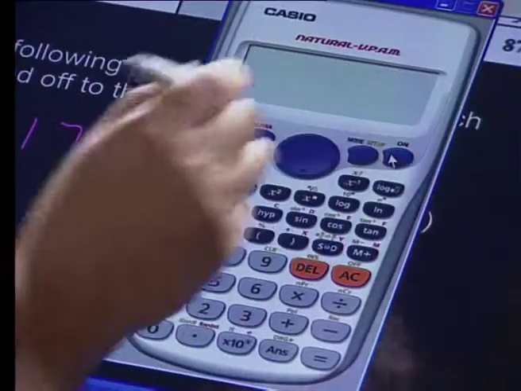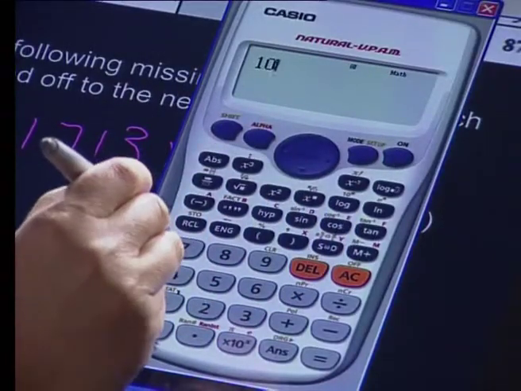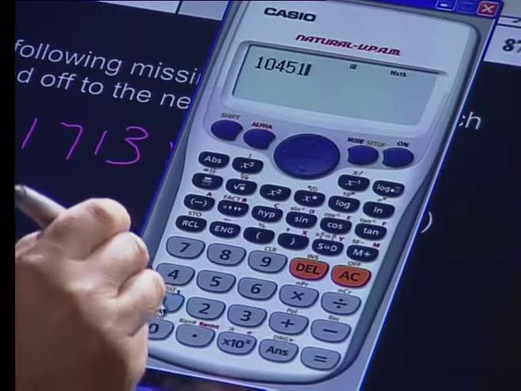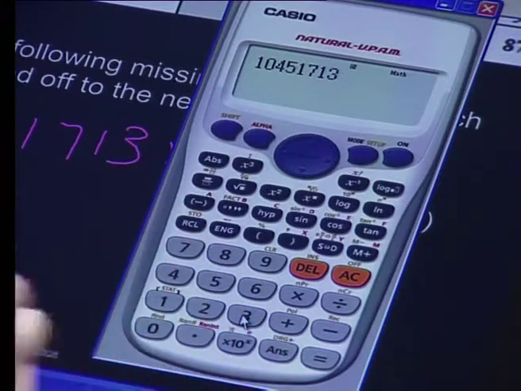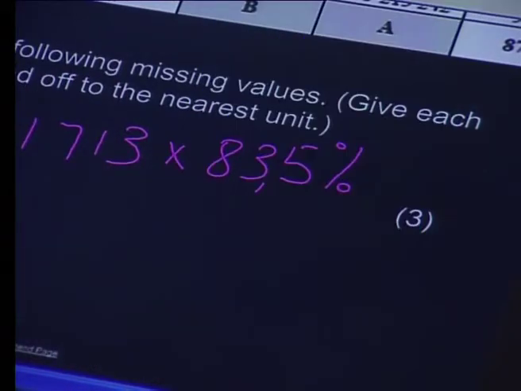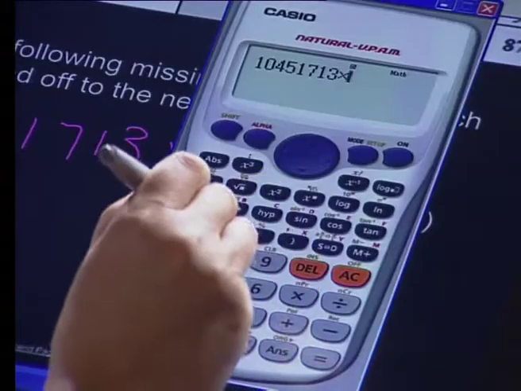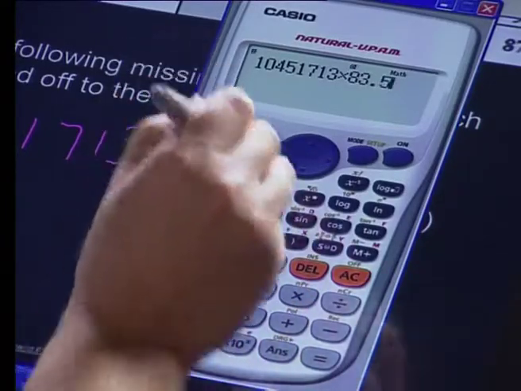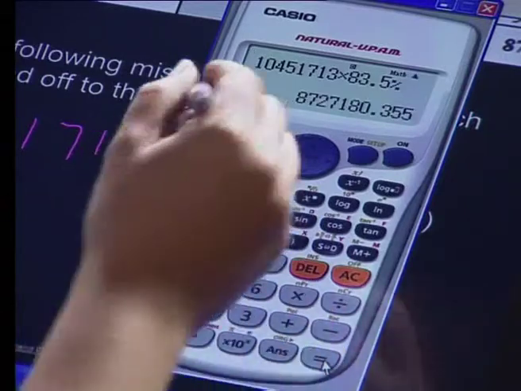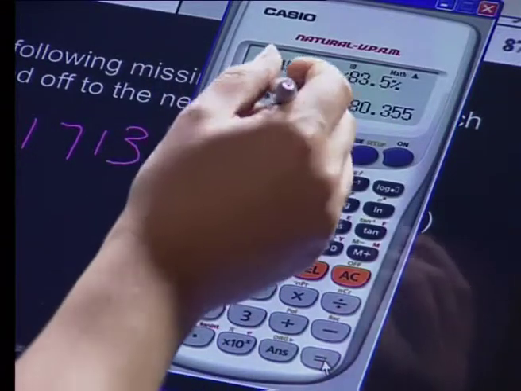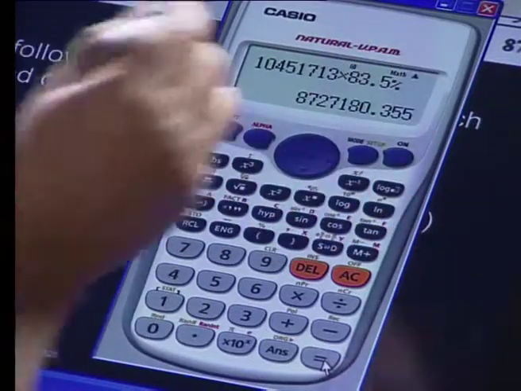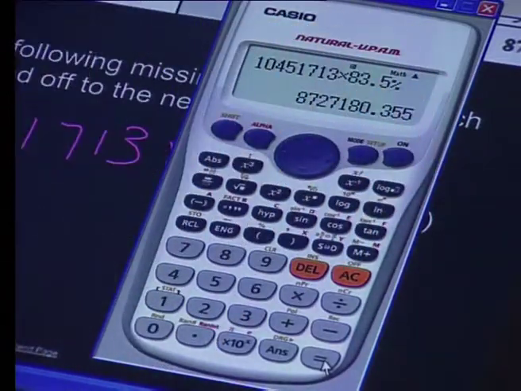So on the calculator, I'm going to have my 10,451,713 times by 83.5%, and that gives me the number of people. So it's 8,727,180.